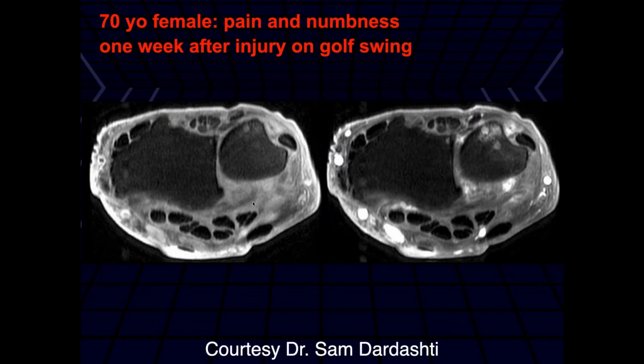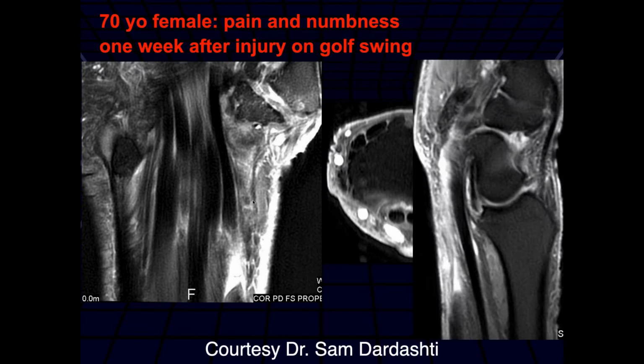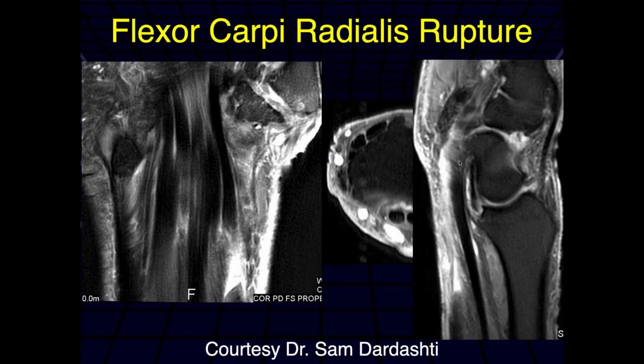But I don't really see a good capsule here. Seeing some fluid around the tendon, just maybe some tenosynovitis or rupture. Okay, here's the proximal end, here's the distal end, and this is all displaced. This was a rupture with proximal retraction.